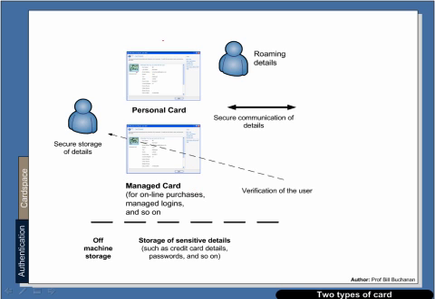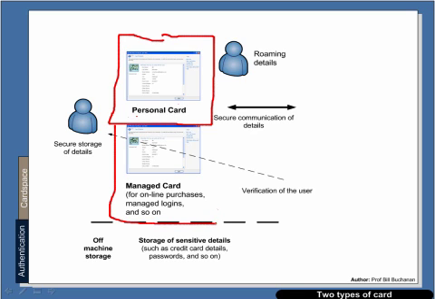With this, we can create two types of card, a personal card, and the personal card basically just contains a few of the details for the user. The other type of card is a managed card, and with managed card this will be used for correctly verifying the user and can be used for online purchases, managed logins and so on.